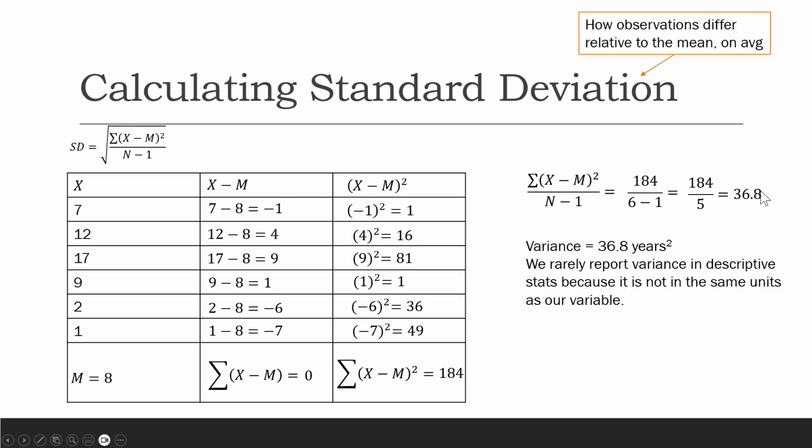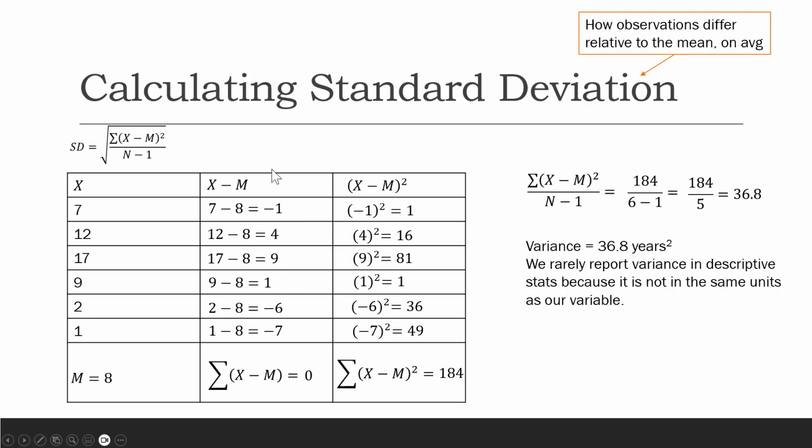And I want to talk about why we have variance and standard deviation. Well, we have to think about units. This x is measured in number of years, right? So the 7 years, 12 years of experience, 17, so on and so forth. When I subtract by the mean, I'm still having years, but I may have positive and negative values.